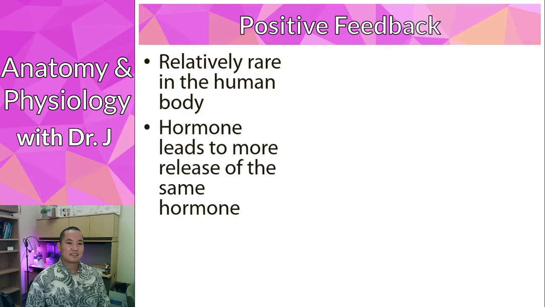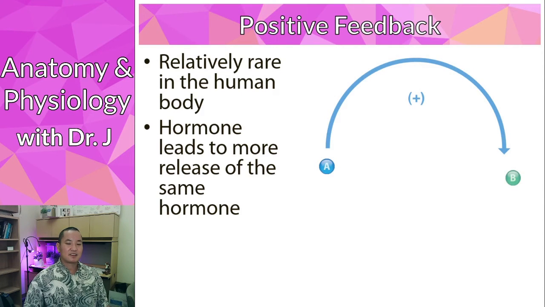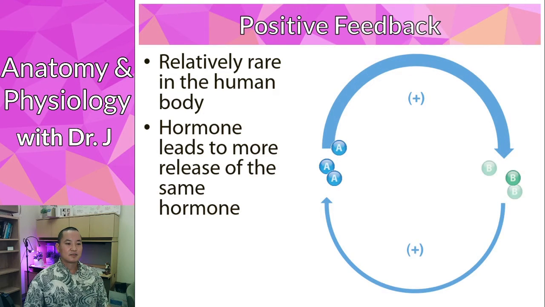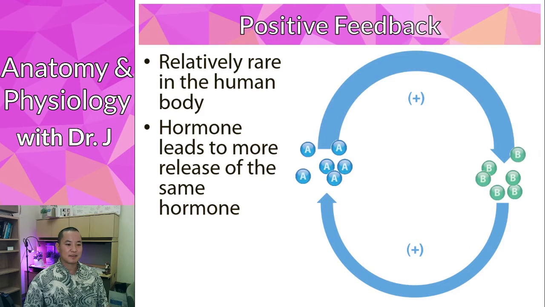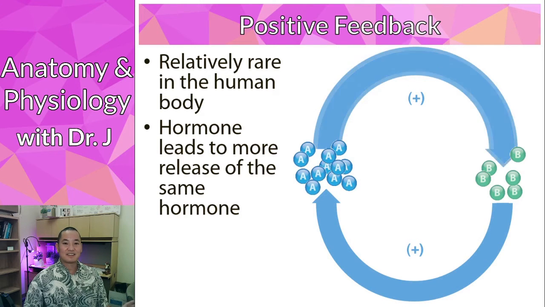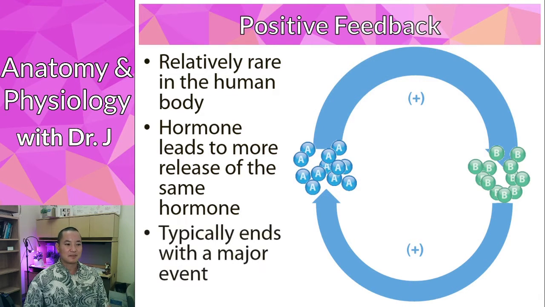A turns on B, but B stimulates production of more A. As you produce more A, you produce more B. As you produce more B, you produce more A. So there's no real brake mechanism here.